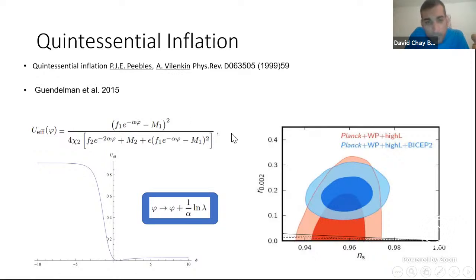By using some symmetry breaking potential, you can see on the left-hand side the inflationary phase, and after inflation ends, you have the dark energy in the late universe. This gives you an idea of how this kind of potential looks, and these are the constraints from Planck.